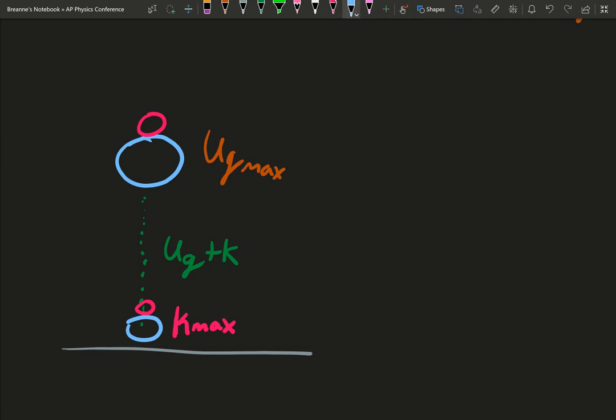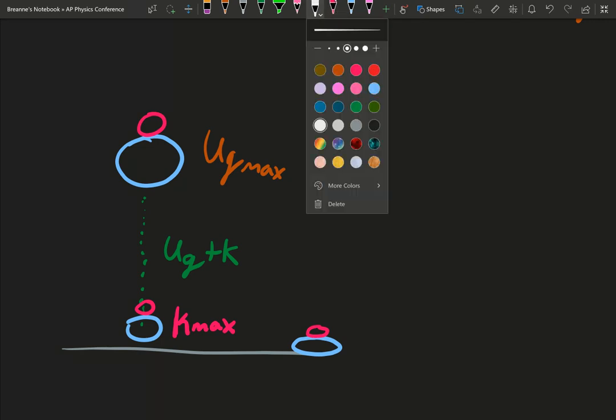Now the big difference is when they hit the ground. The blue ball is going to squish. The red ball is going to squish a little bit. So you're still going to be left with some kinetic energy.